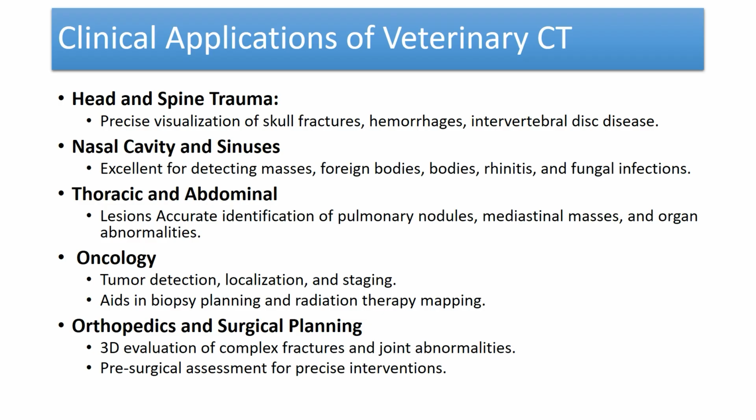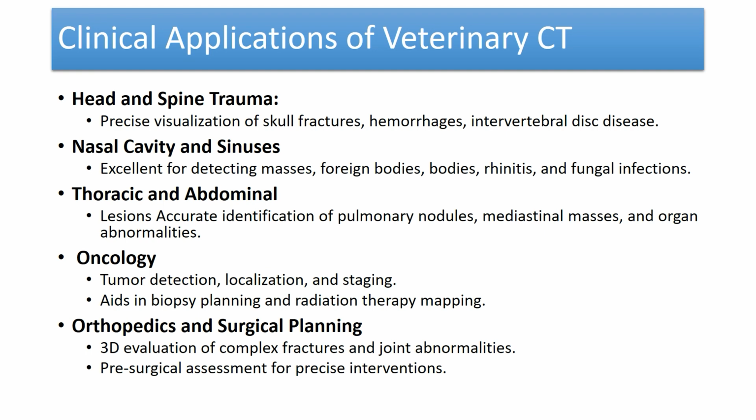The CT scan is also used to detect any type of tumor. You can localize the tumor and detect the stage of the tumor. It also aids in biopsy planning and radiation therapy mapping.